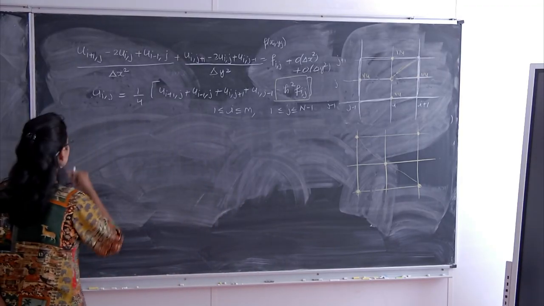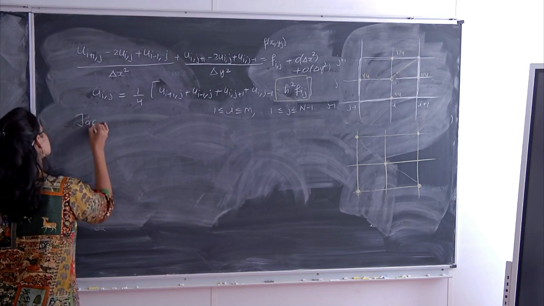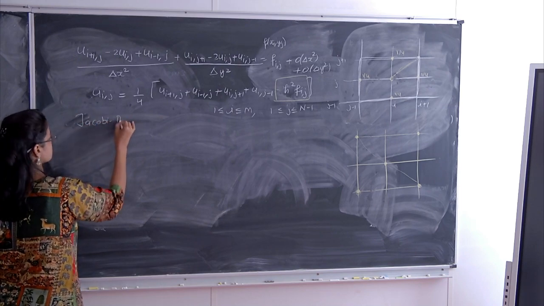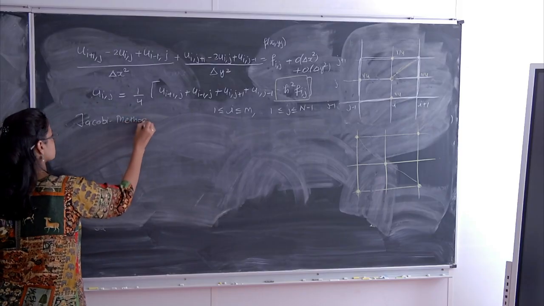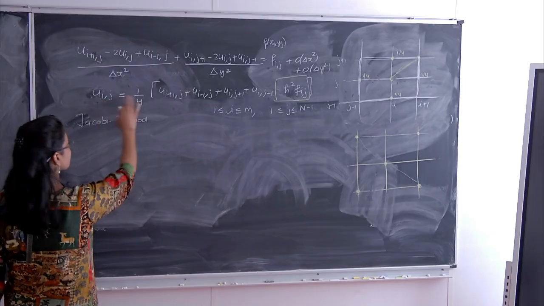So let's talk about the Gauss-Jacobi method, or you can say just the Jacobi method. What can we do here?